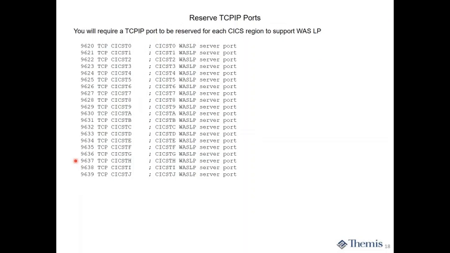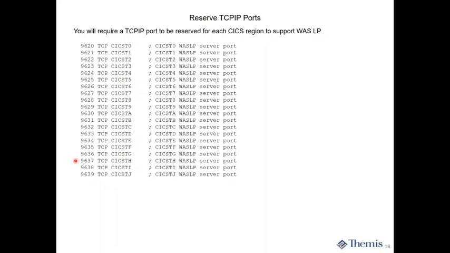One last little thing that has to be done from the z/OS point of view: every WLP server is going to require 2 ports, not 1, but 2 actual ports. The ones I'm showing you here are the ones we're going to be using as the primary port for the primary listener for the HTTP server.